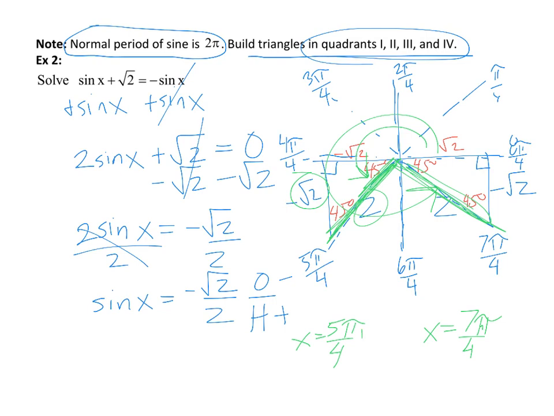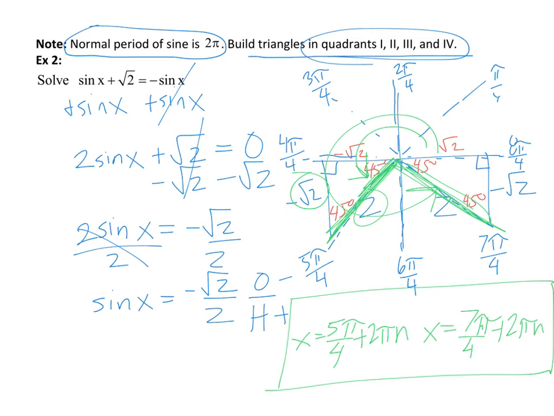It's 2 pi. So I add 2 pi to each, and I also include n, because I'm adding on multiples of 2 pi, and that's going to cover every cycle in the graph, and actually goes on to infinity. And that's your answer.